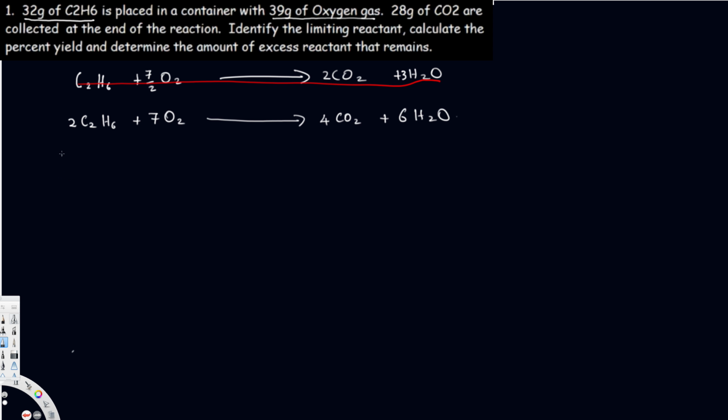First do the C2H6, so 32 grams of C2H6 multiplied by 1 mole.